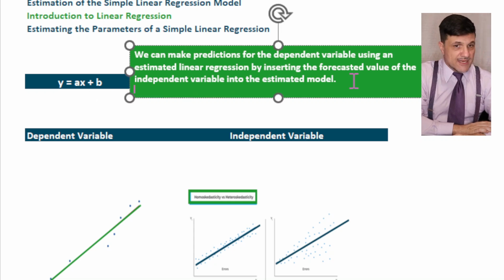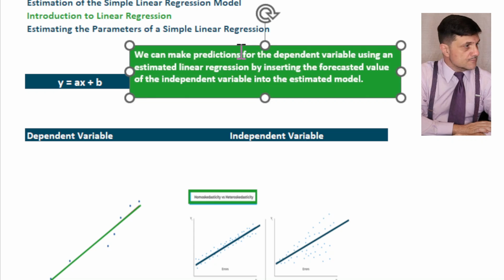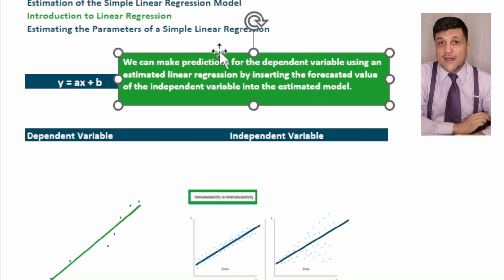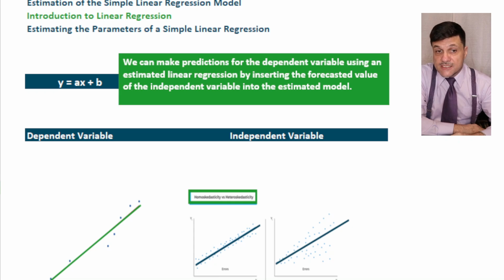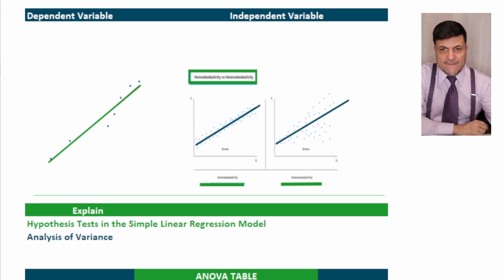So you can make predictions, right? You can make the predictions that you need using a good model. If the model is good, then you can use it to make predictions. That's the whole idea. Right? Look, if you're going for a PhD thesis, most of you are probably going to end up doing some kind of regression model as part of your thesis. Right? It's very common in graduate studies.